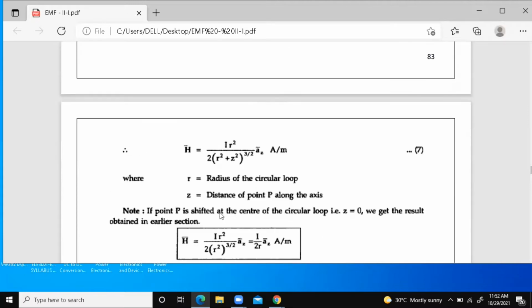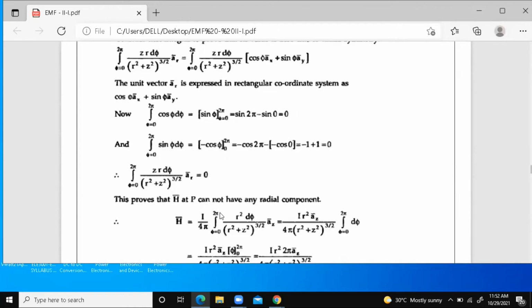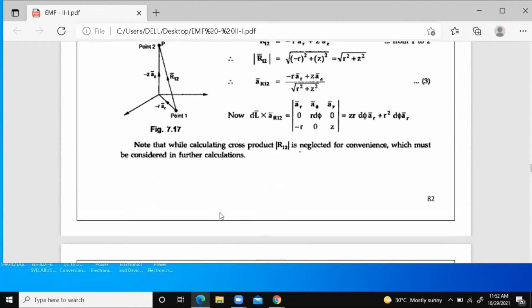We're going to do those two, and then we're going to find a couple of examples.